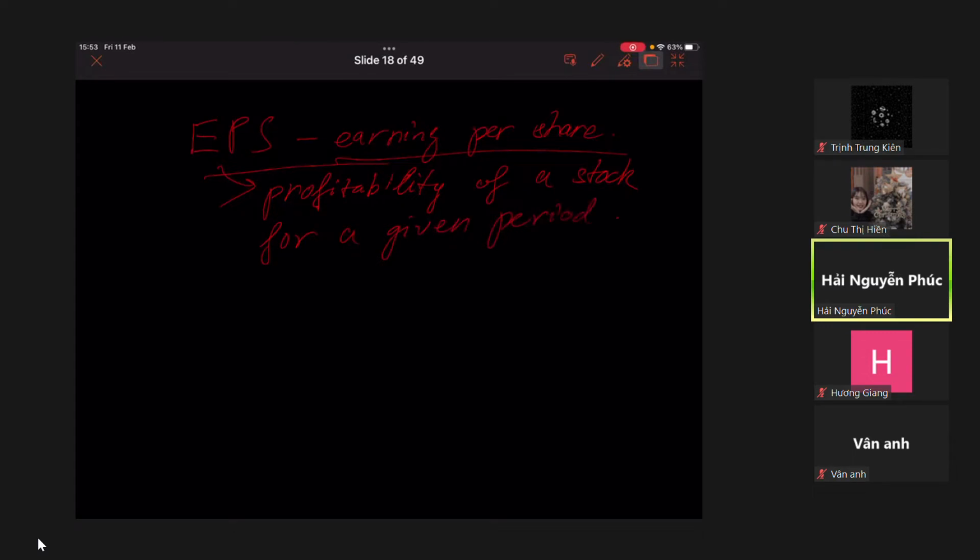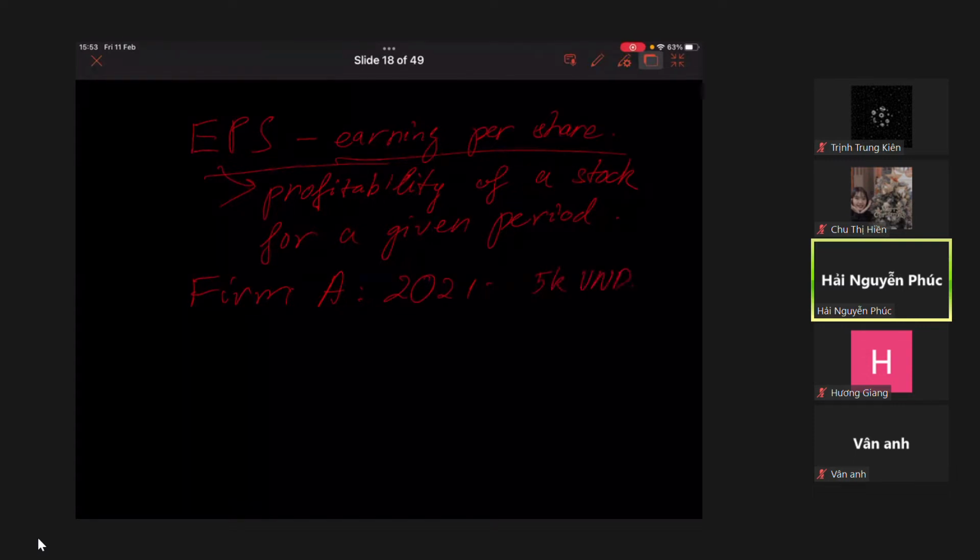All right. Suppose you have the following information. We have firm A, and in the year 2021 this firm has an earning per share, EPS, of 5,000 Vietnam dong. How did they compute this amount of EPS? Pretty simple.